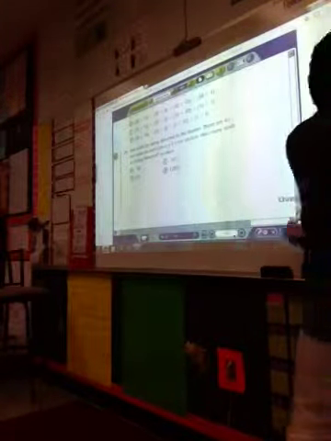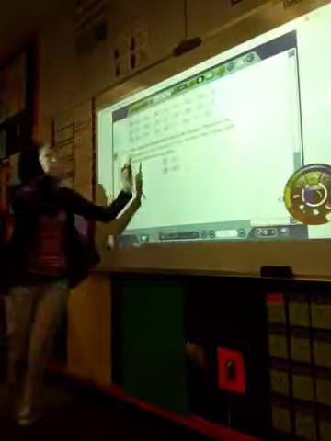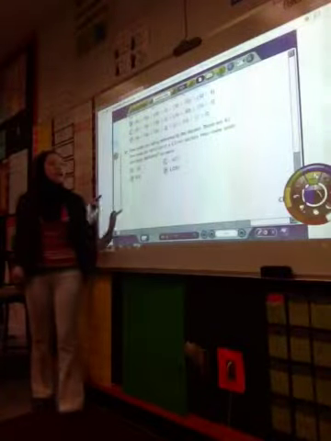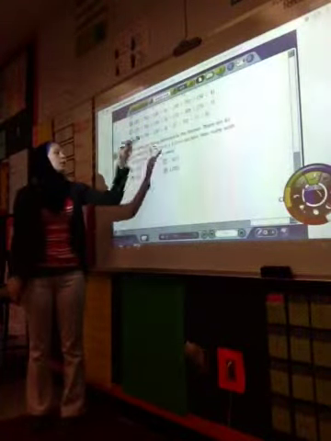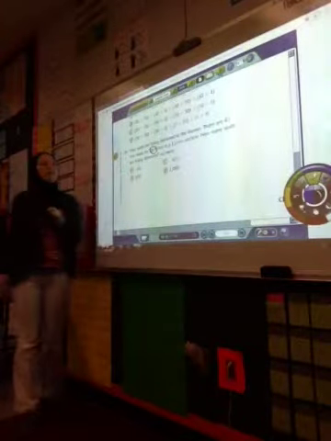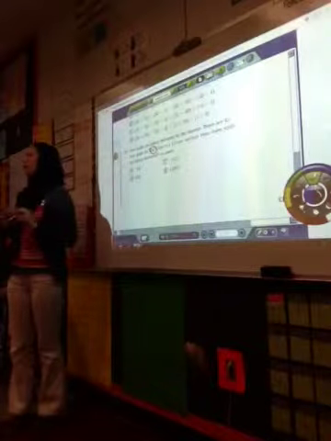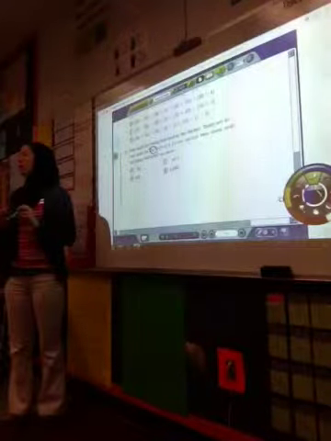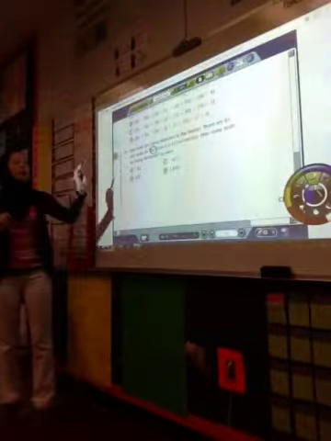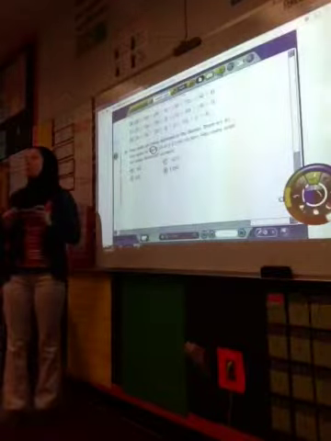Here's the last problem. New seats are being delivered to the theater. There are 45 new seats for each row in a 15-row section. How many seats are being delivered? Do this on your table right now. Read the question, figure out what you're supposed to do, and do it.